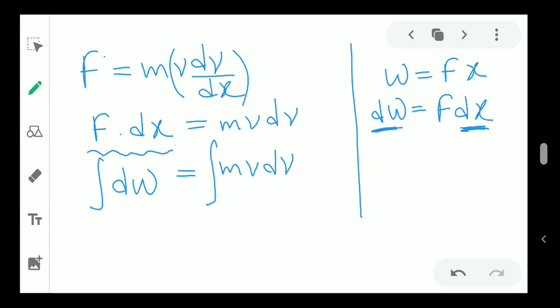Before the integration, I was getting the infinitesimal work done for infinitesimal displacement. Now I will be talking about the total work done for the total change in velocity, that is from 0 to v. So I will write here 0 to v as the limit, I am changing the velocity from 0 to v, and here the work done is the total work done.